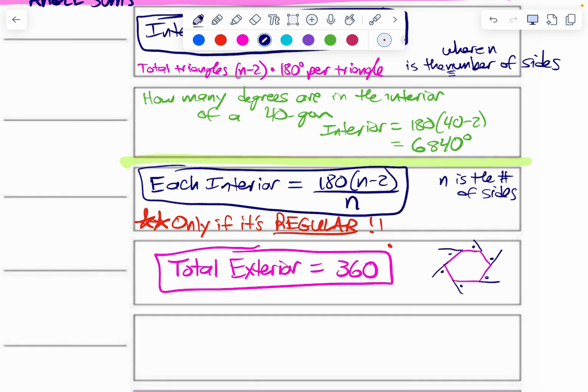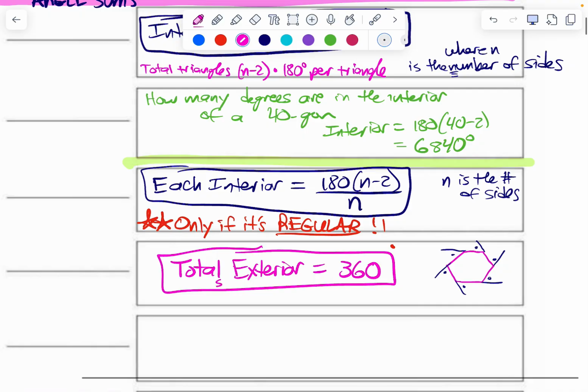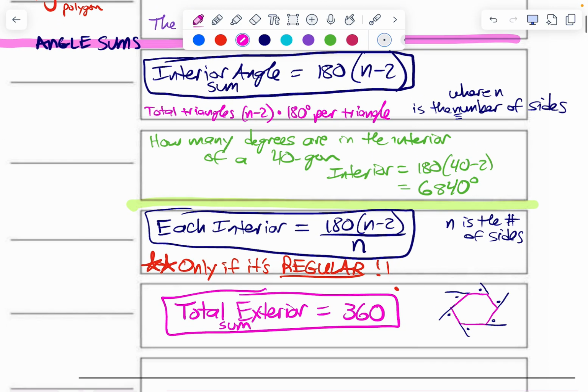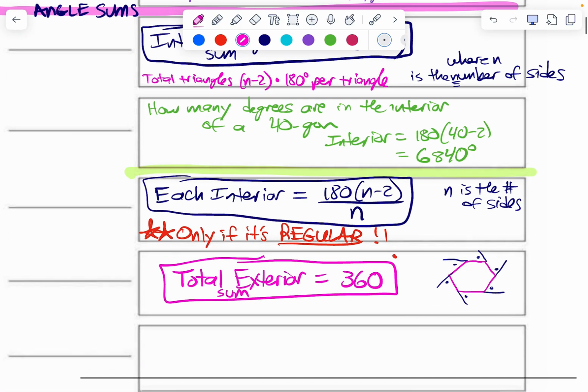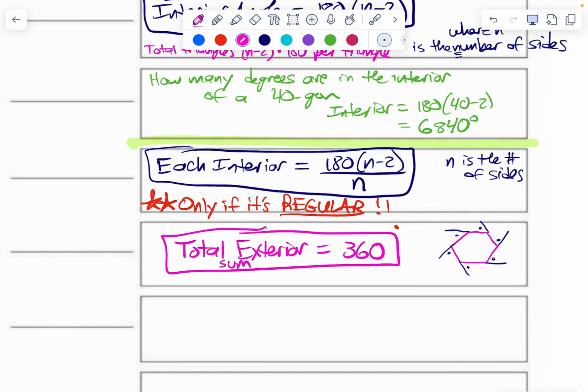So extend a side, the exterior angles are always going to add up to 360. The word total implies a sum, right? So maybe total exterior sum, if you want to make sure you're clear on that. We said interior angle sum, so let's say total exterior sum.